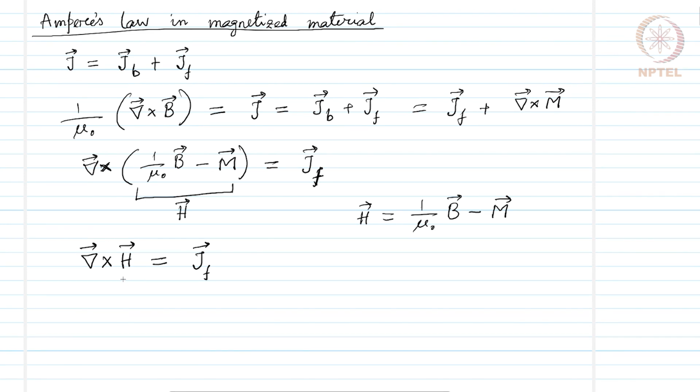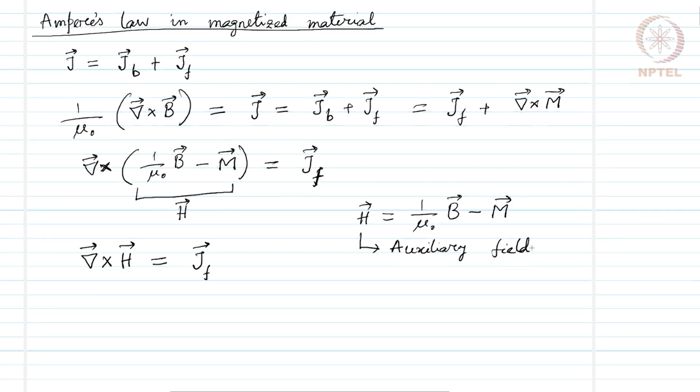H field can be called the auxiliary field, but it is more commonly called just H field, nothing else. And if we put this into integral form, applying Stokes' law, we will find closed integral of H dot dl.